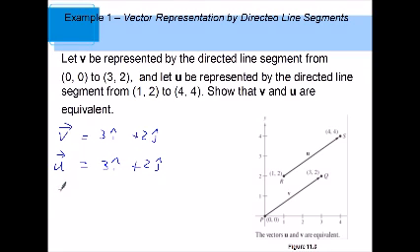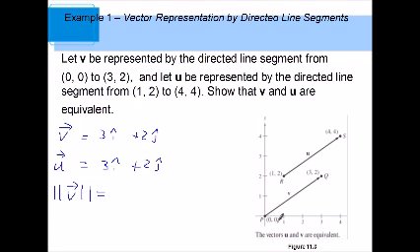Magnitude calculation is a little bit different. You haven't seen the symbol before, but it looks like the absolute value symbol, but on both sides. If I'm going to calculate the magnitude of v, it's going to look like the following. It's just the distance formula.